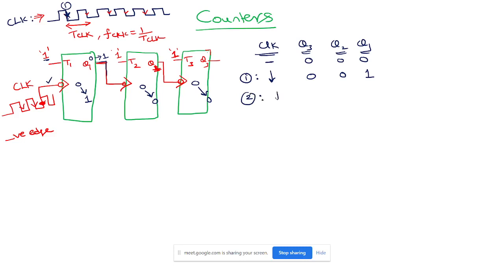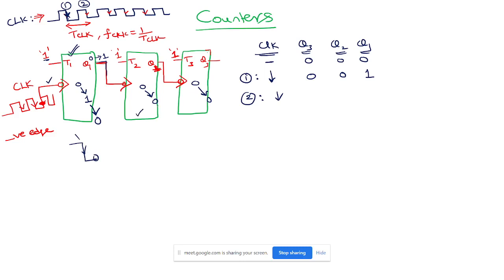Now the second negative edge comes. First one is over, second one comes. This flip-flop will always be activated, so the output will be toggled. Now 1 to 0 is there, and 1 to 0 is a negative edge. That you are applying as a clock to this, so obviously this will also be activated.